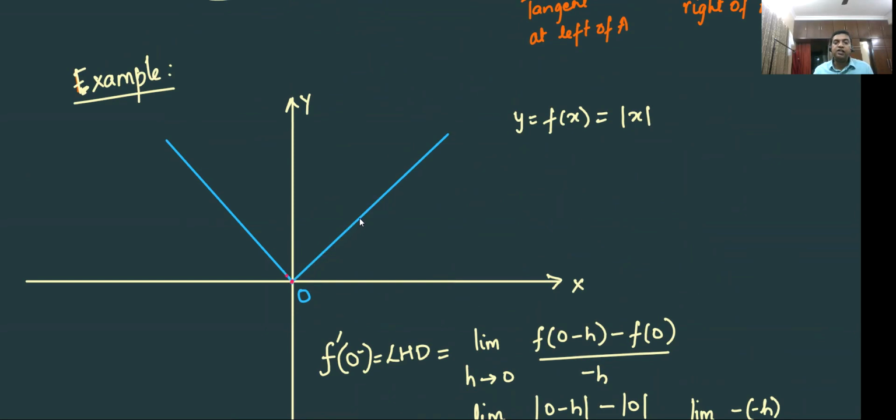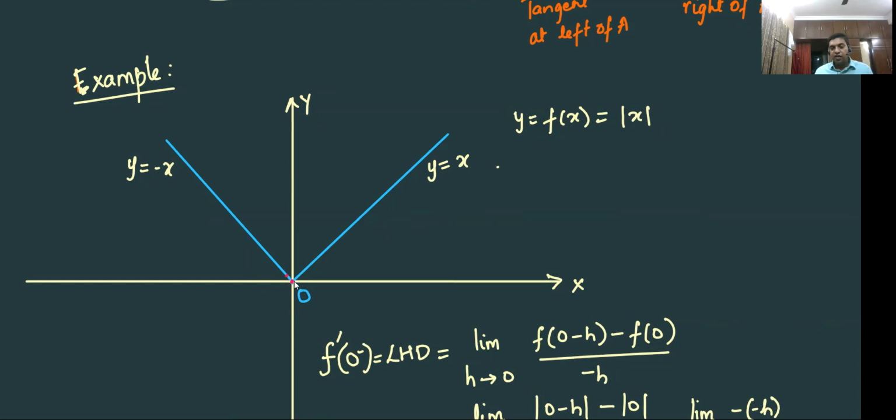Now we know that this line is y equal to minus x line, and this line is y equal to x line. We know this line slope is minus 1, this line slope is plus 1, from coordinate geometry. Now, what is left hand derivative?